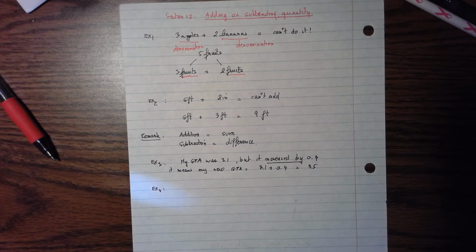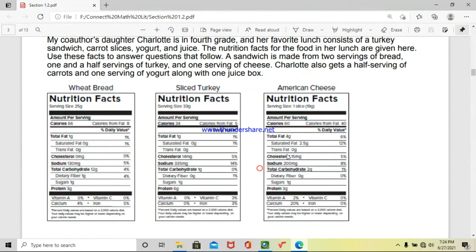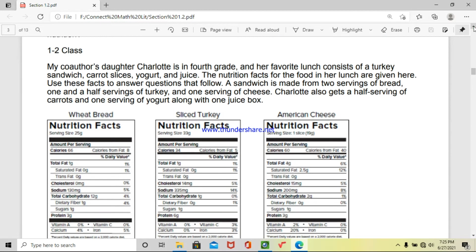Let's see if you can do more analysis on given information or not. Okay, let's take a look at this one. So I want you to take a look at this example right here.